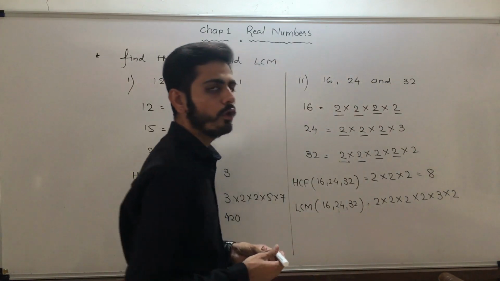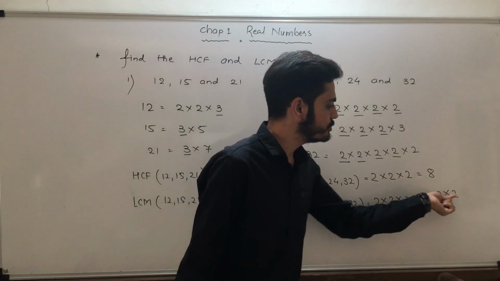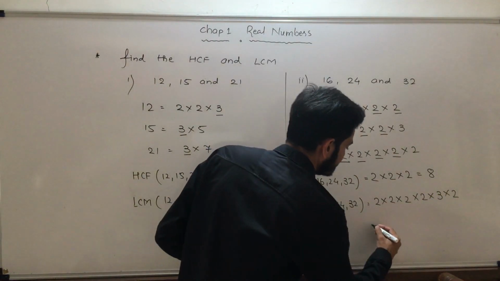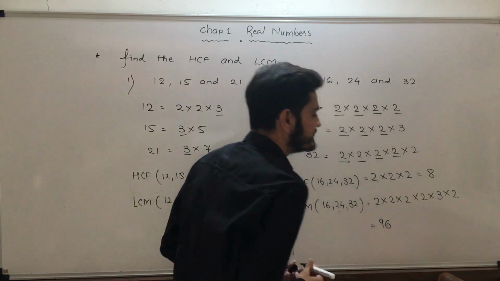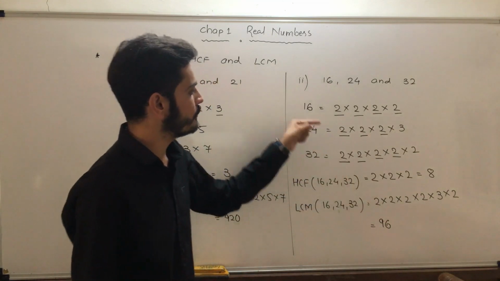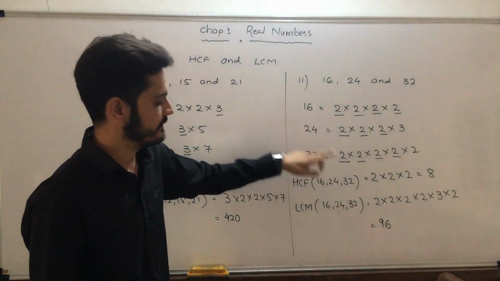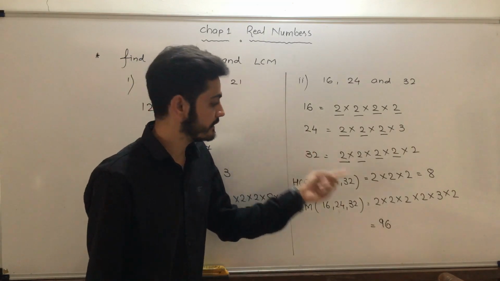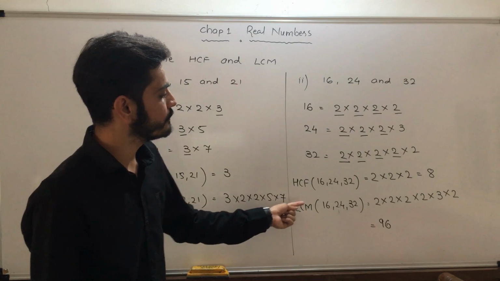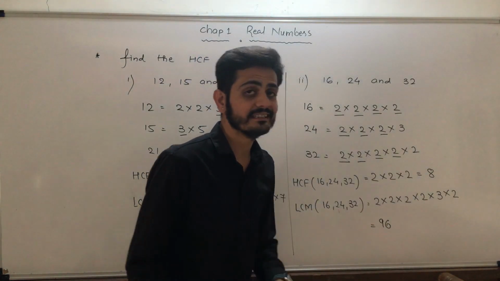Multiply all the numbers: 2 twos are 4, 2s are 8, 2s are 16, 2s are 32, and 32 threes are 96. 96 is the LCM of the given three numbers, so 96 is in the table of 16, 24 and 32. Check it: 16 sixes are 96, 24 fours are 96, 32 threes are 96. So the LCM of the given three numbers is 96 and the HCF is 8.